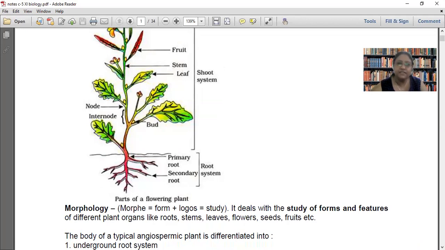Morphology is something in which we study the forms and features of parts externally. We don't go and peep into what type of cell it is made up of, what is the arrangement of different types of cells inside it. That part comes under anatomy.